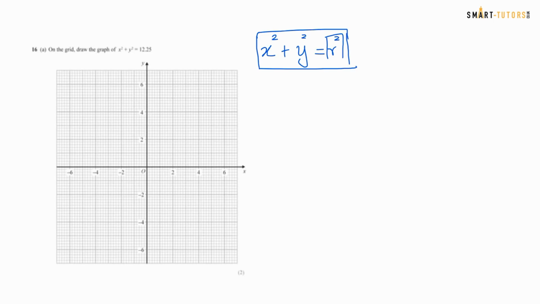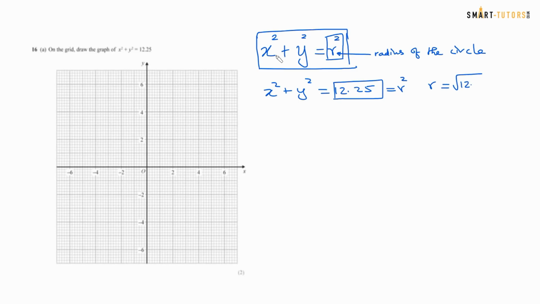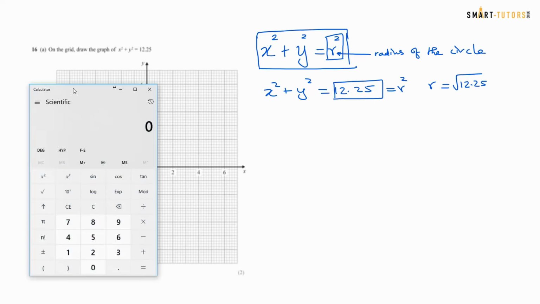The r on the right-hand side is the radius of the circle. In this question they have given x squared plus y squared equals 12.25. So my first job is, this is r squared, so I need to find r equals the square root of 12.25.